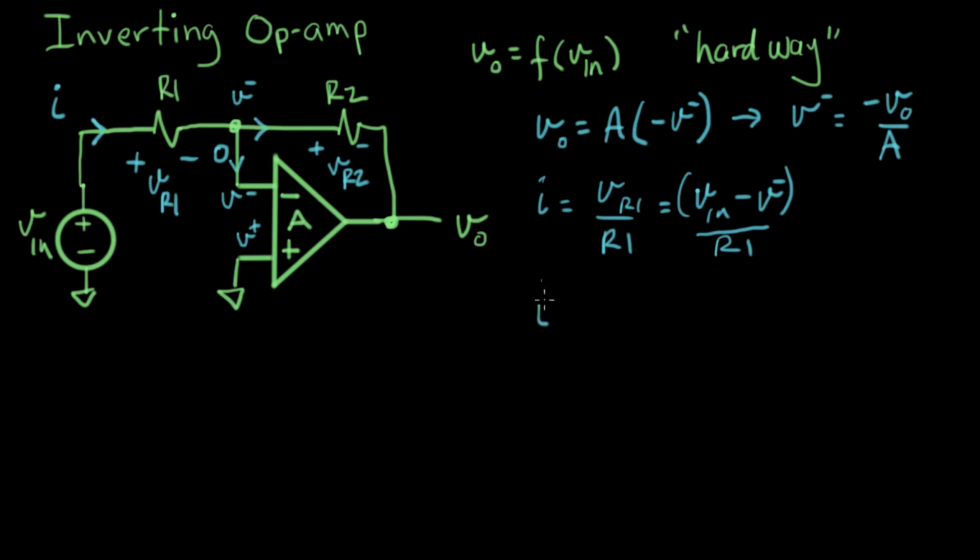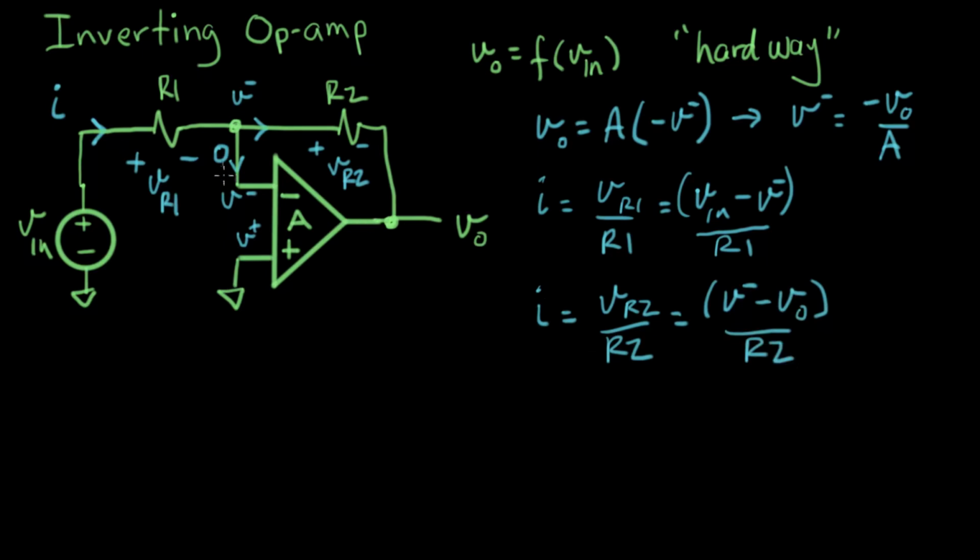I can write I equals VR2 over R2. And I can write VR2 as V minus minus V out, over R2.